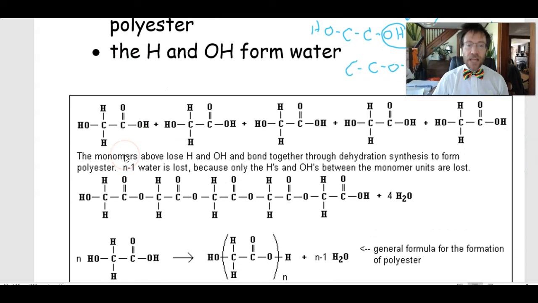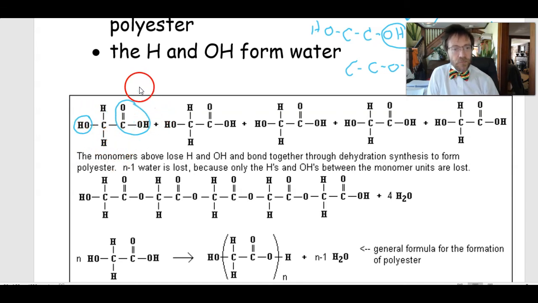This down here is how we make a polyester, like the clothing and stuff like that. So we're going to take a monomer that has an organic acid on one side and an alcohol on the other, because remember, esters are an acid and an alcohol. All right?